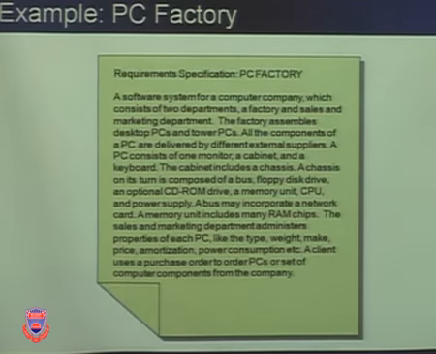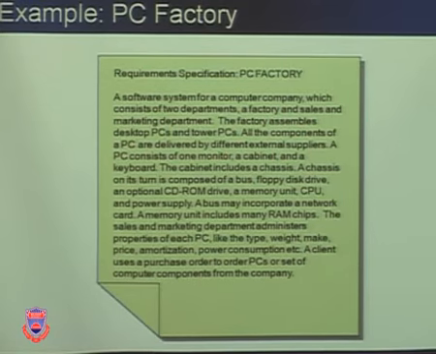Let's look at an example. It's an example that you know. Imagine we are going to define a software architecture for a PC factory. A software system for a computer company consists of two departments: a factory and a sales and marketing department. The factory assembles desktop PCs and tower PCs. All the components of a PC are supplied by different external suppliers.